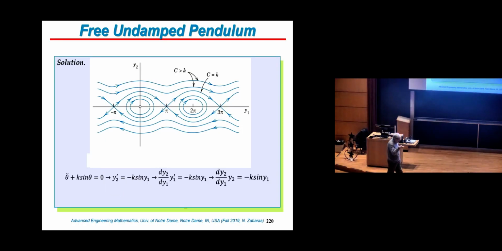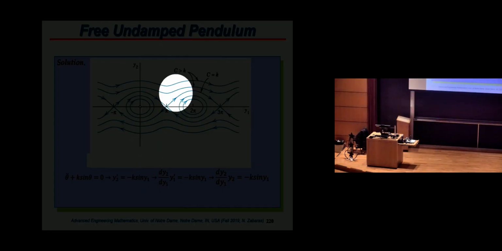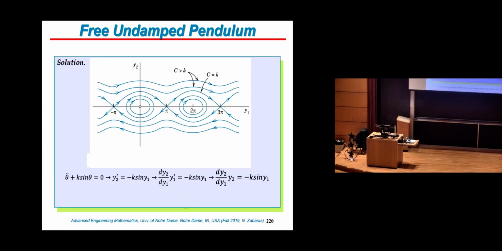I want to calculate the trajectories in the phase plane, which means I want to find the slope dy2 over dy1. The plots that I have here are really y2 as a function of y1, aren't they? That's my phase plane, y2 versus y1. So I am going to write the time derivative of y2 as dy2 over dy1 times y1 prime.